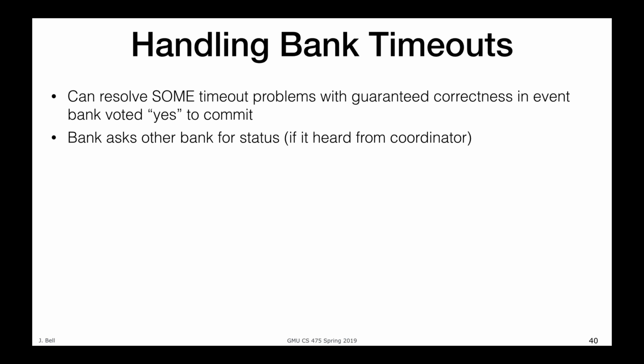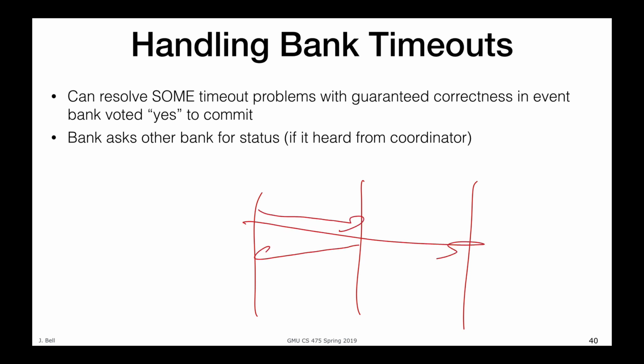So for instance, one thing we could do is the two banks could talk to each other. So even though we had our three lines here, we have our prepare and our vote. Let's make it shorter, P, V, V, and outcome.